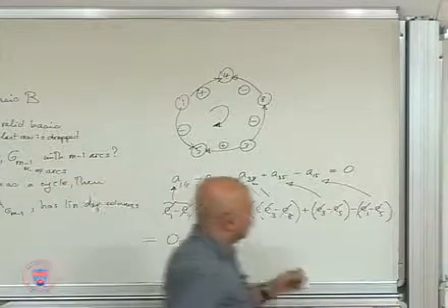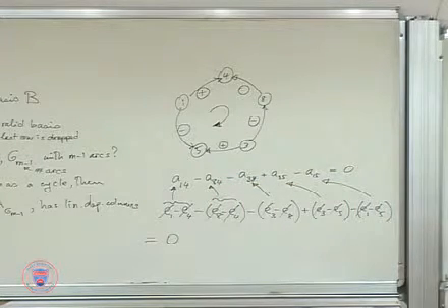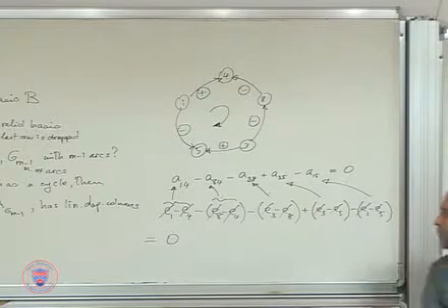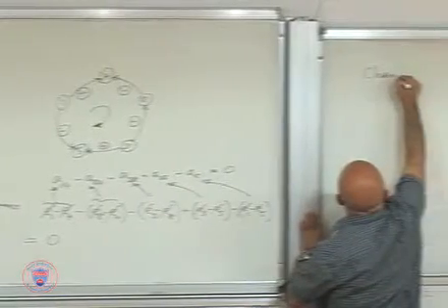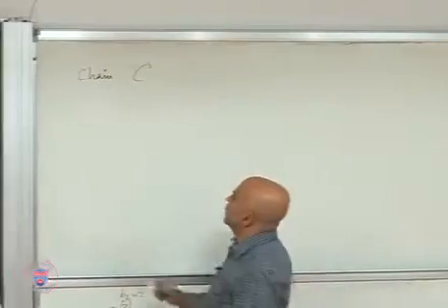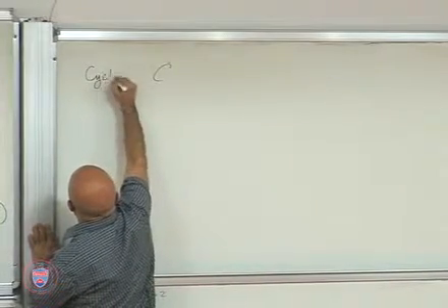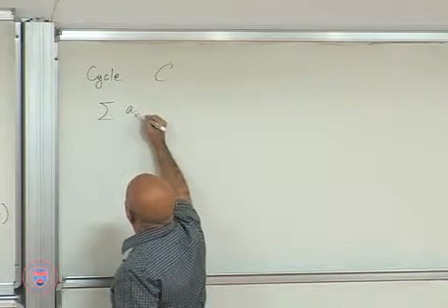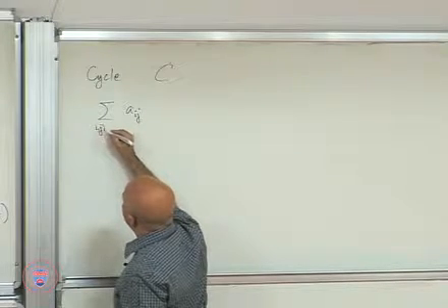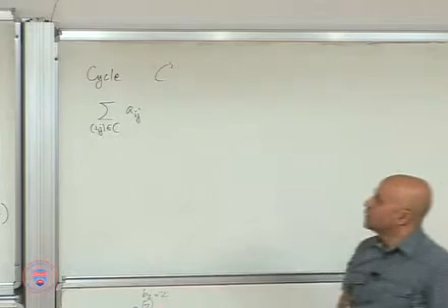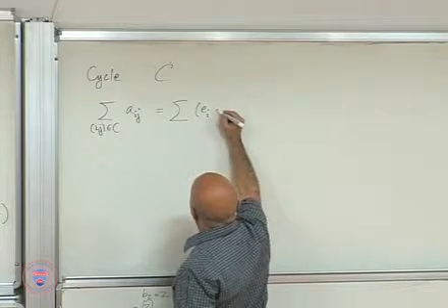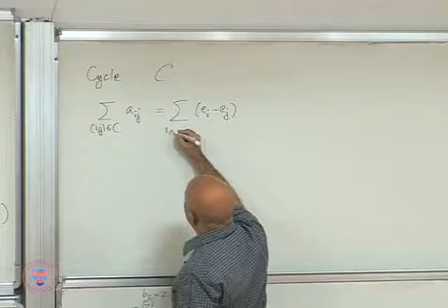Of course, in the general case, this is true. In the general case, if you have a cycle C, if you add up the columns A_ij in the cycle, this is the same thing as adding up E_i minus E_j, for ij in the cycle.